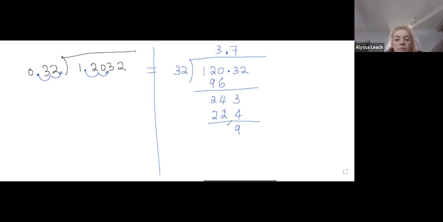Subtract 192. Okay, how many goes in? 6. 2 times 6 is 12. 3 times 6 is 18, so it's exactly 192. And you have 0 as the remainder. So the answer is 3.76. Pretty good? Okay.